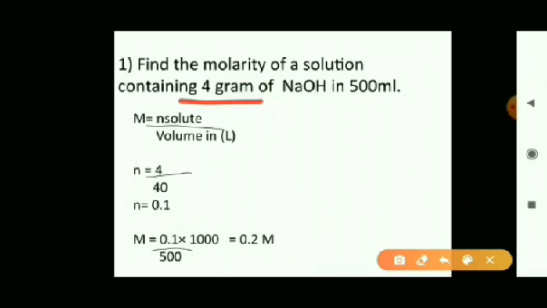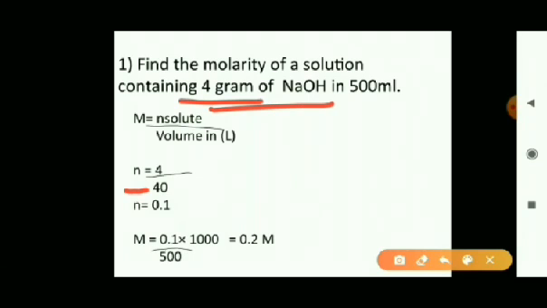So number of moles we want. So how to find that? See here, 4 gram of NaOH is given over here.